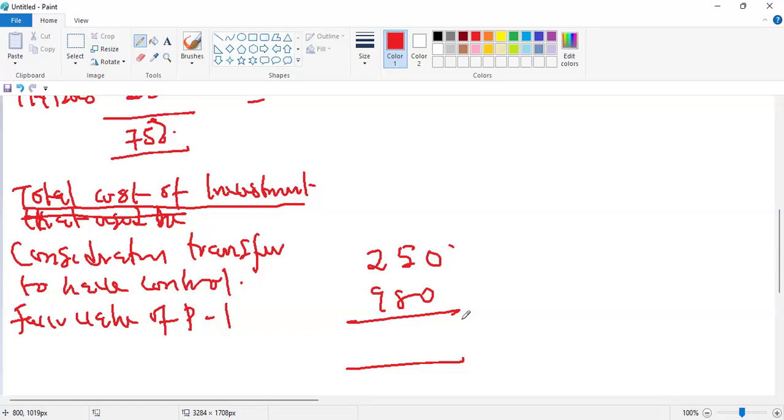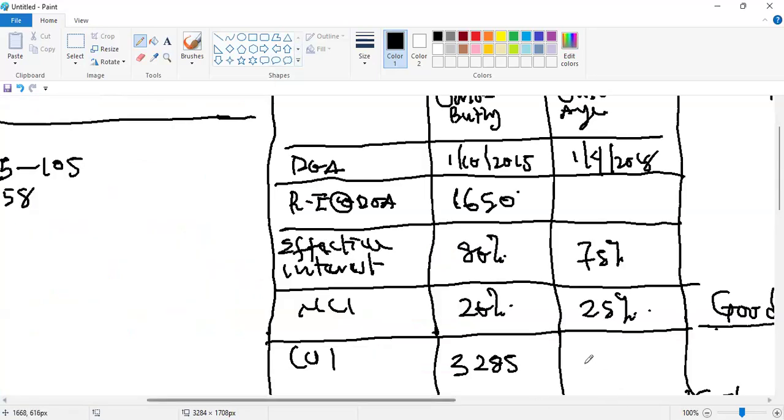What does it give us? 1230. 1230 will be used for the goodwill calculation. I will go to the cost of investment. 1230. He has in return 525 for the goodwill calculation.